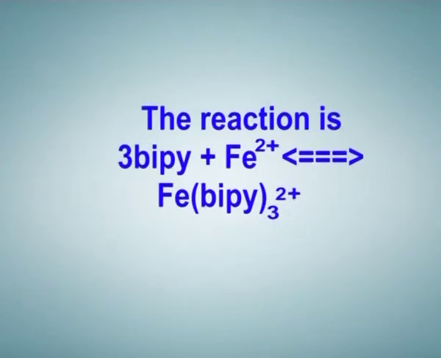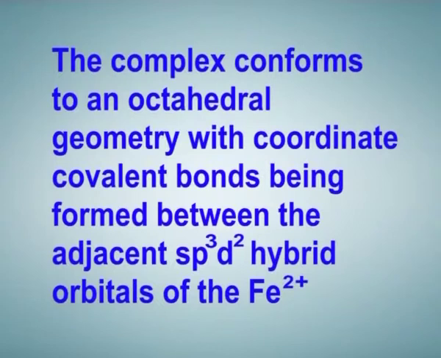The reaction of 2,2-bipyridyl with Fe2+ gives the Fe-bipyridyl 3 complex. The complex conforms to an octahedral geometry with coordinate covalent bonds being formed between the adjacent sp3d2 hybrid orbitals of the Fe2+.